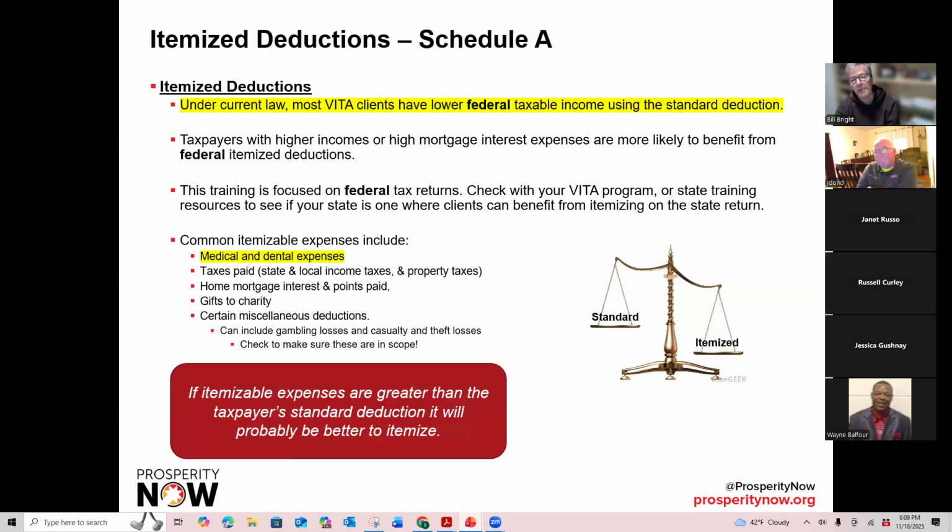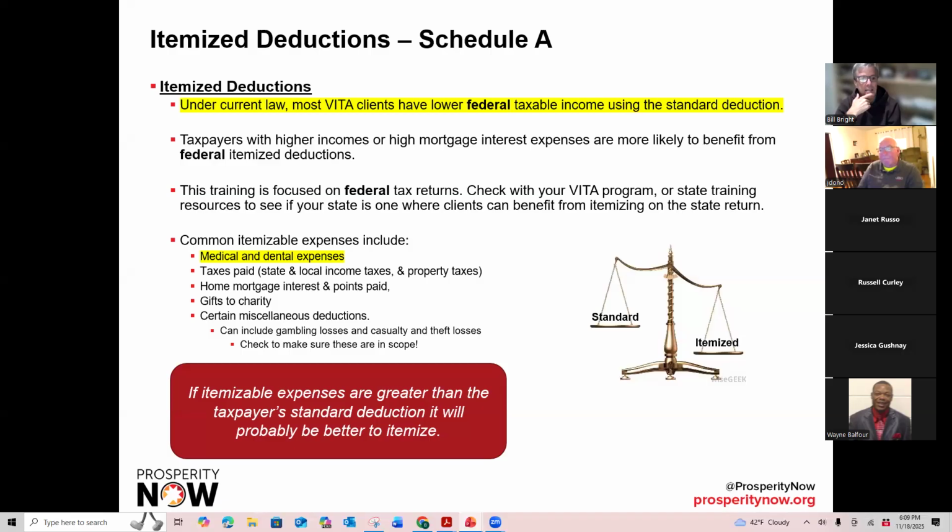But again, if someone's bumping up into like the 70, $80,000 range, and we do their return, they could easily itemize. Again, we're focusing on the federal returns. There's not a lot of itemizing that goes on for the state of New Jersey with one item in particular, and that's the first one, medical and dental expenses.